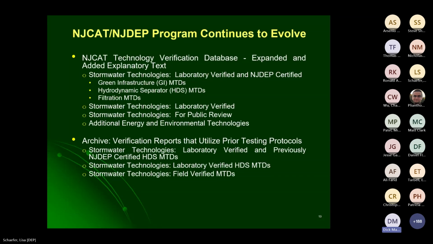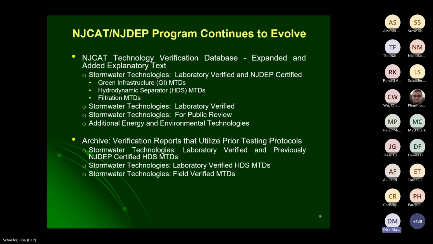In the past, because we worked with DEP, we've had some verified, certified energy technologies, one of which was for small scale cogeneration systems. There was a lot of discussion when we went from the 2013 protocol to the 2021, 2023 protocols: what do you do with those technologies that had been verified and certified under the old protocol?